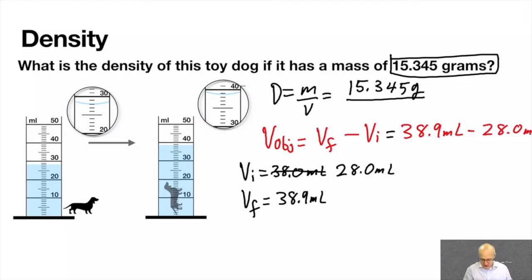So 38.9 is our final volume. 28.0 is our initial volume. Subtract 28 from 38.9, and you get 10.9. And that goes right there.